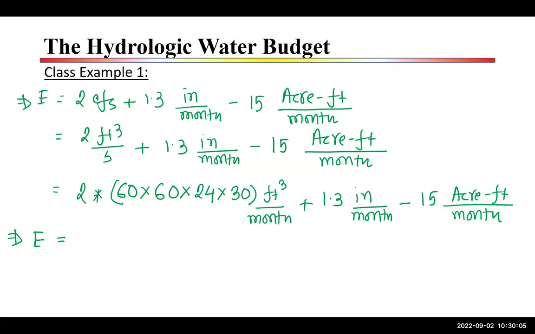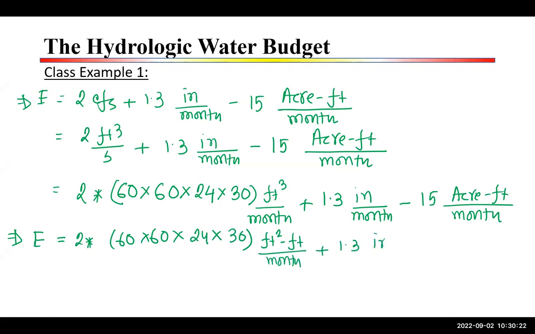Okay, I'm writing one more line just to help you a little bit. So feet square feet per month, 1.3 inch per month.